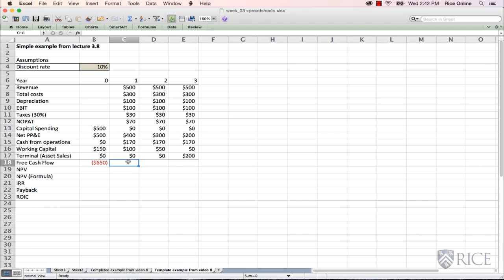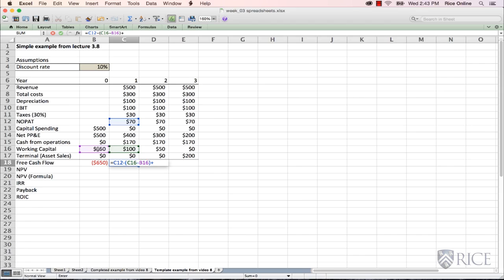Now let's go back in the following years and construct free cash flow in each period. That's going to be my net operating profit after tax. I'm going to subtract any increase in working capital, so that's going to be from 100 minus the previous working capital of 150.